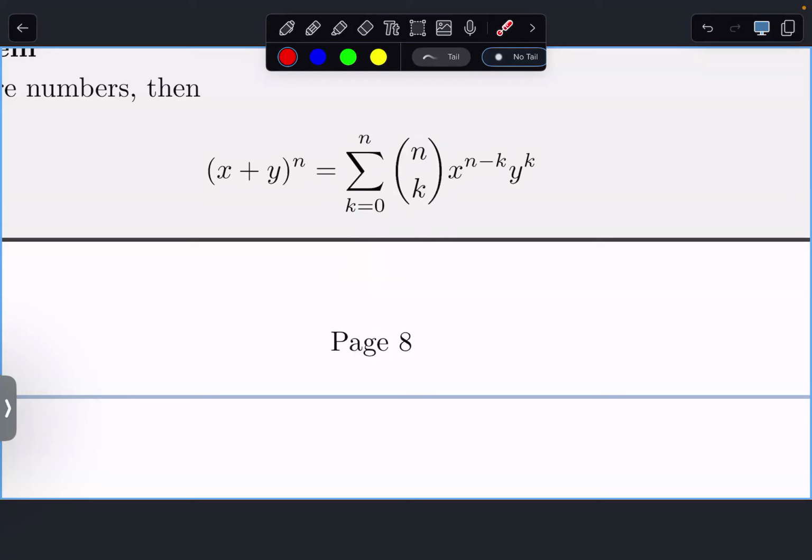That's how we get n choose 0, then n choose 1, then n choose 2, all the way up, as you move through each of those k's.